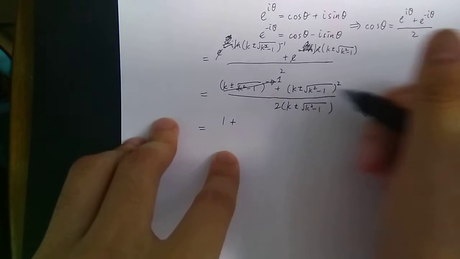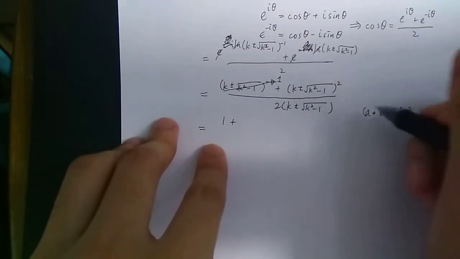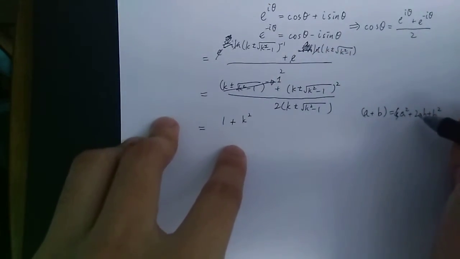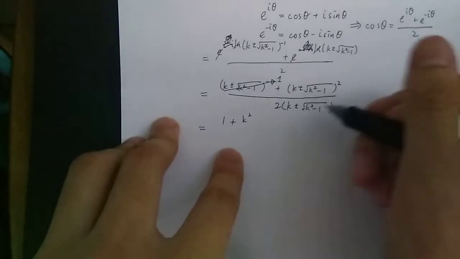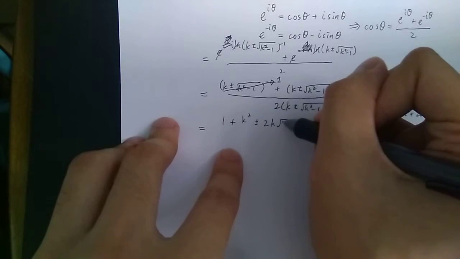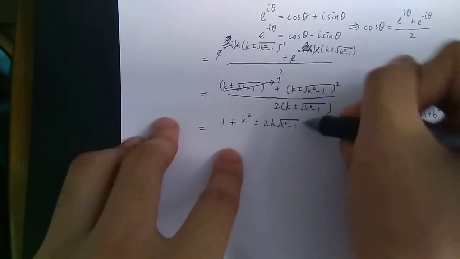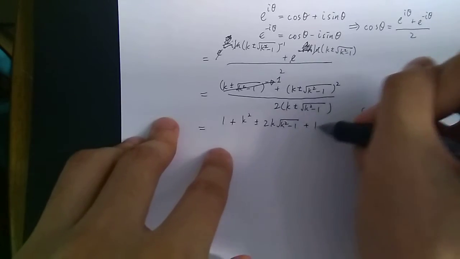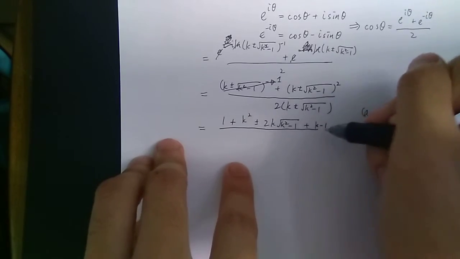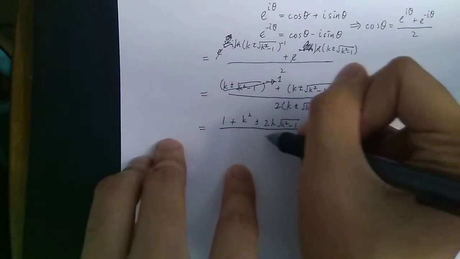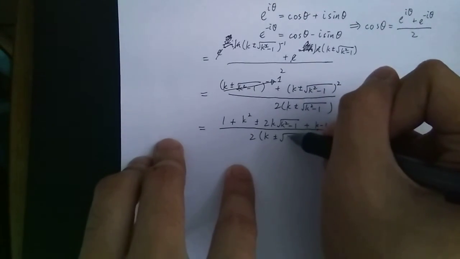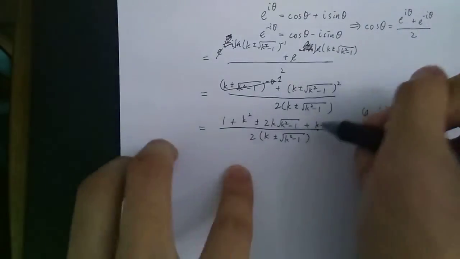If we take a to be k and b to be the square root, here will be k squared, and plus or minus 2k times square root of k squared minus 1, and then plus k squared minus 1, sorry, it's k squared minus 1, and over 2 in the bracket k plus or minus square root of k squared minus 1.